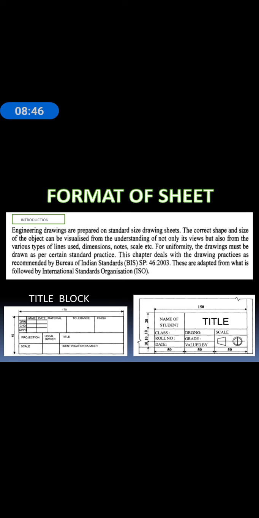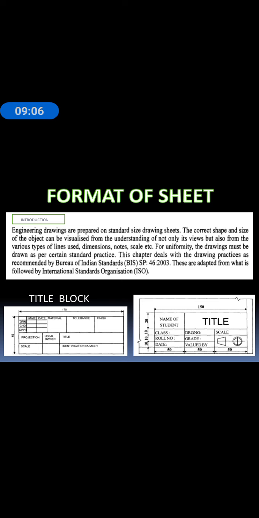In the next slide we will discuss the format of the sheet. The drawing is prepared on a standard size drawing sheet. The most important part is the title box. The title box is generally 180 mm by 60 mm.